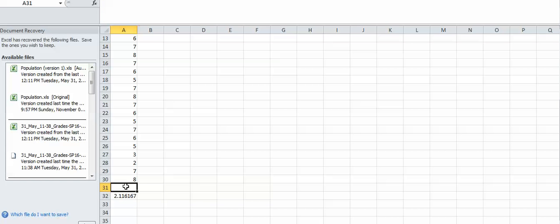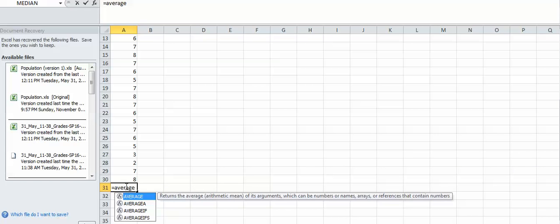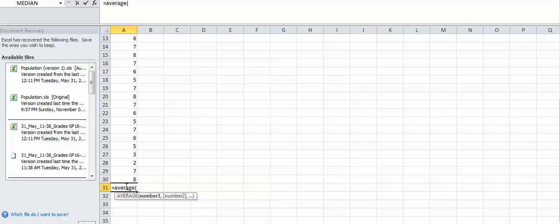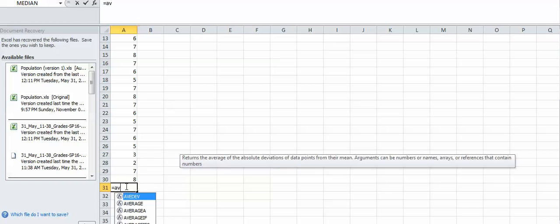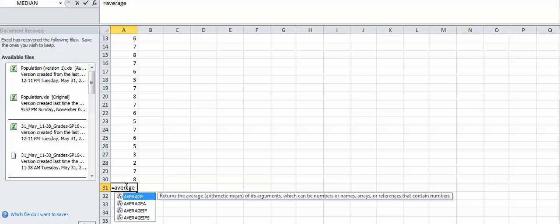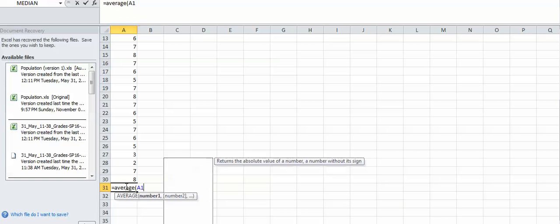I'll just go one cell higher, and I'll type in equals average A1 colon A30, and then close the parentheses and press enter. Excel uses the word average for mean, but average and mean are the same thing.